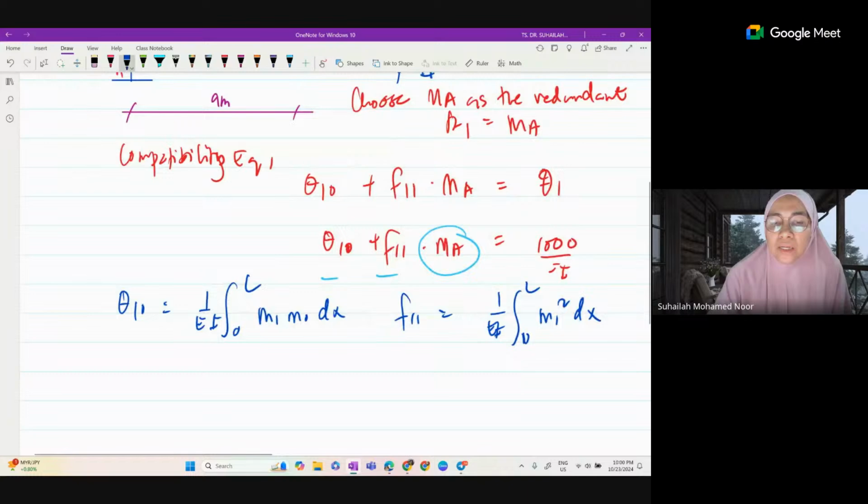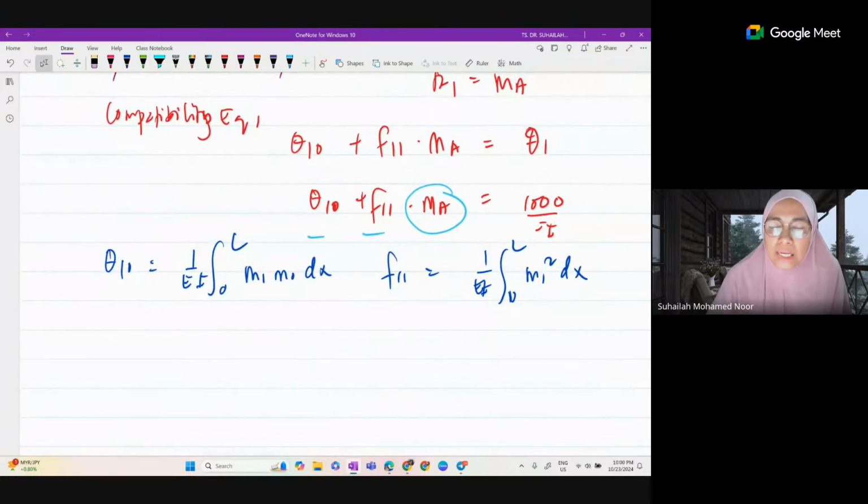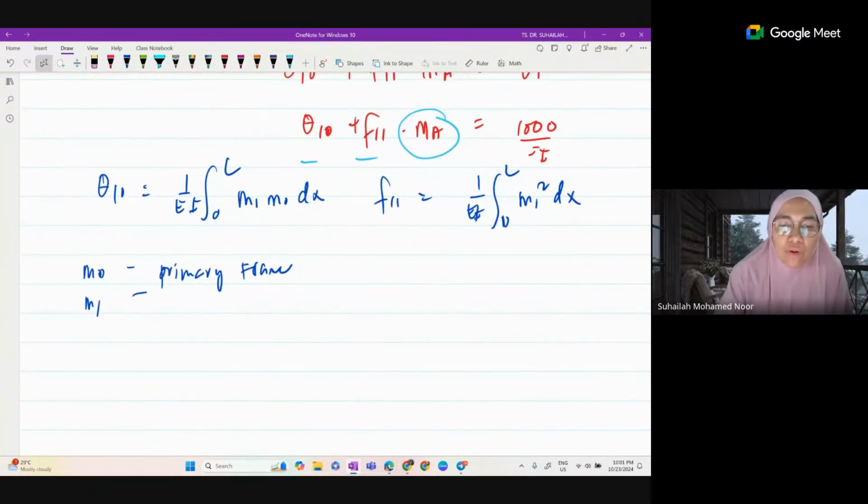So from this, we know that what we want is the moment equation. What we want is M naught and also M1. M naught comes from the primary frame, and M1 comes from the redundant frame.